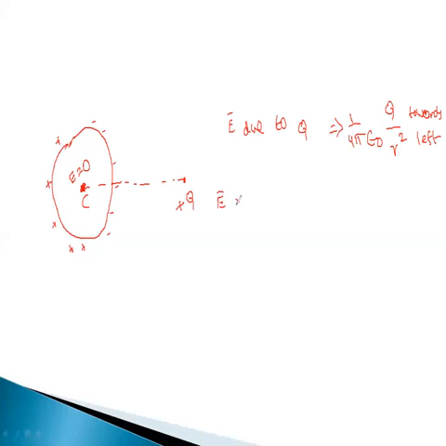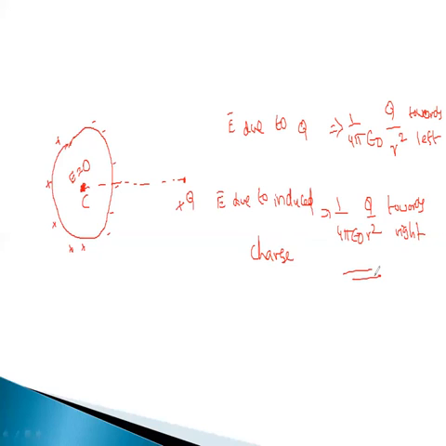So E bar due to induced charge should definitely be the same thing, 1 by 4 pi epsilon naught Q by r square, towards right only. In the question they are asking only for the electric field intensity due to induced charge. So only due to induced charge it will be 1 by 4 pi epsilon naught Q by r square.